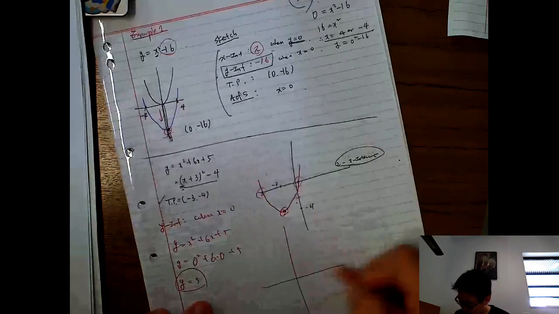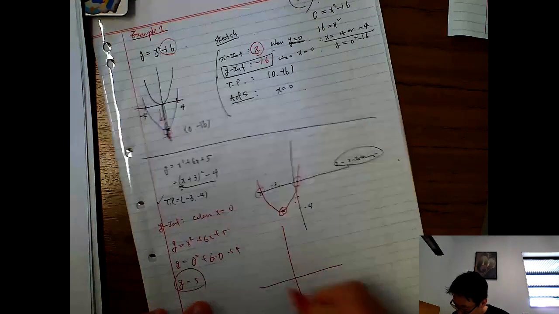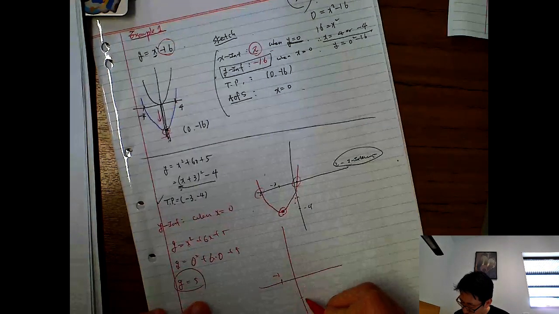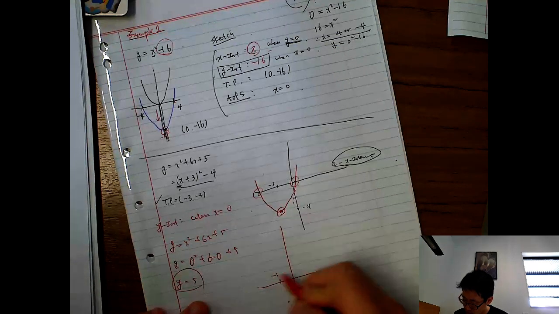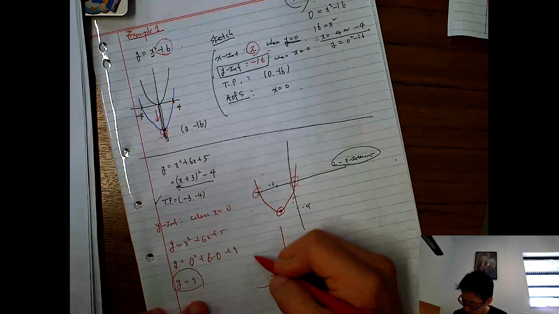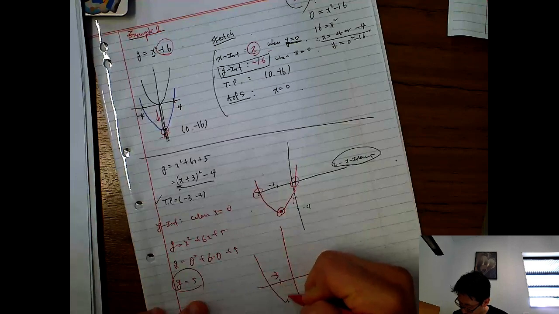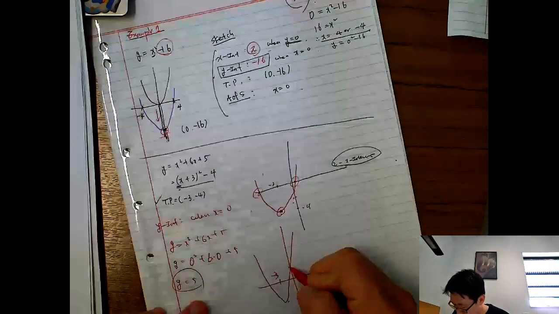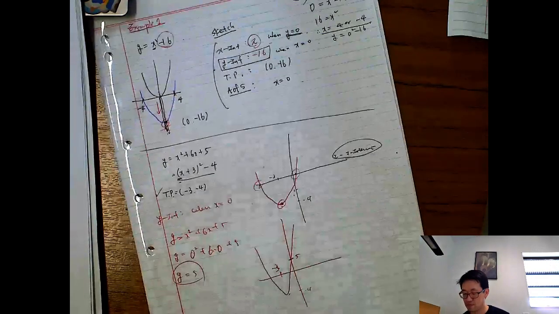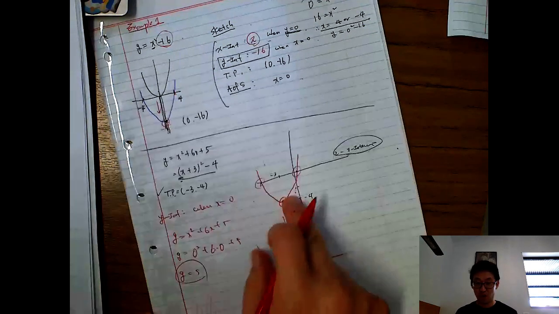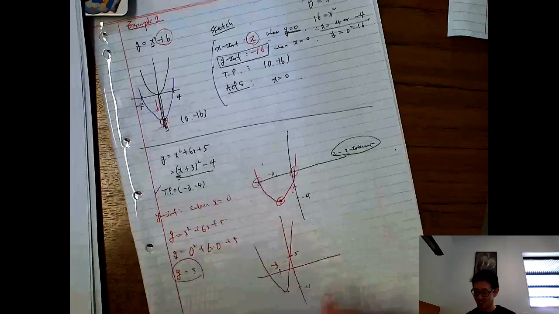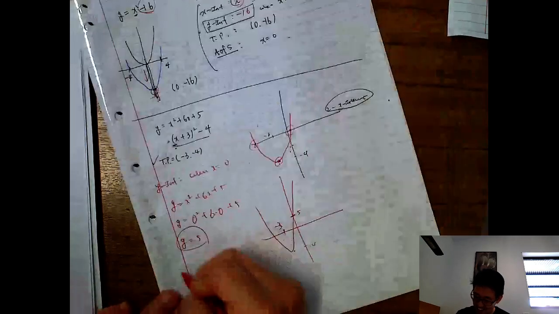So that should look like minus 3, minus 4, sorry, minus 3, so something like this. So that should be 5. Looks okay? Yep. It was a rough drawing, okay?